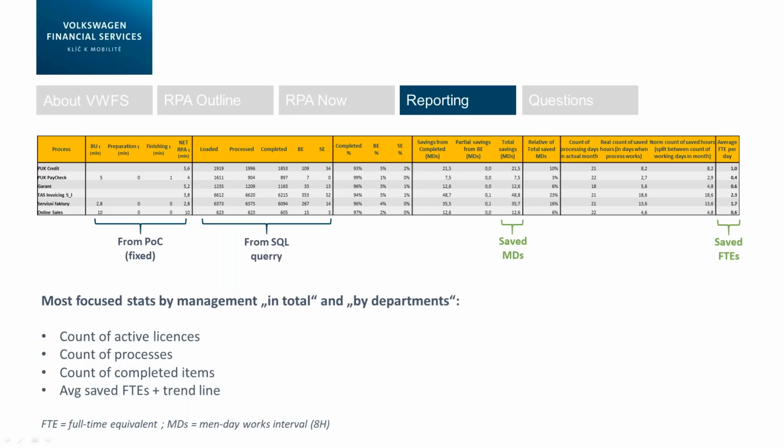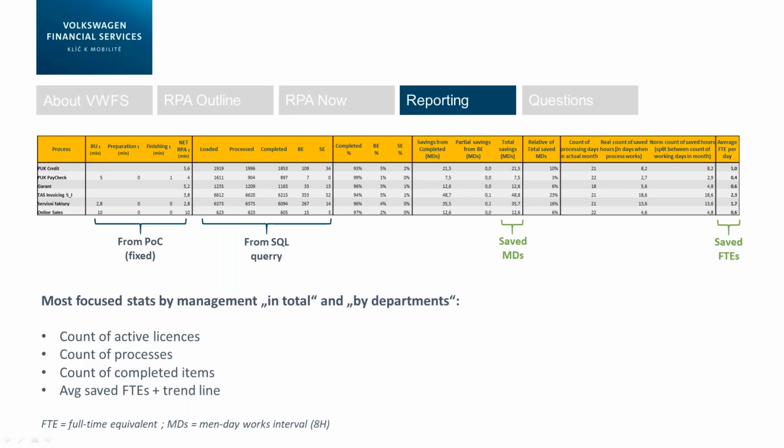But when we wanted to calculate real saved time in day by robotic processing, we calculated also saved FTEs as saved man days divided by number of working days in months. That means, for instance, this month has 21 working days.